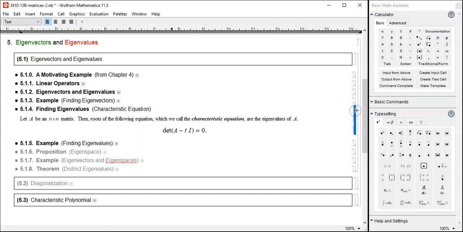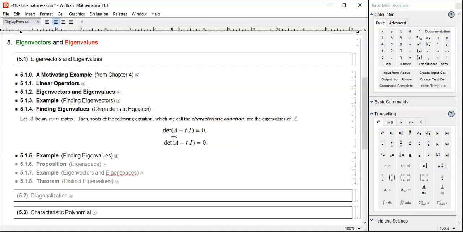You can find eigenvalues through the characteristic equation, which is obtained like the determinant of A minus tI equal to 0, where I is the identity matrix. Or equivalently, tI minus A. It's the same because 0 is equal to negative 0, so whether putting a negative doesn't change anything here.